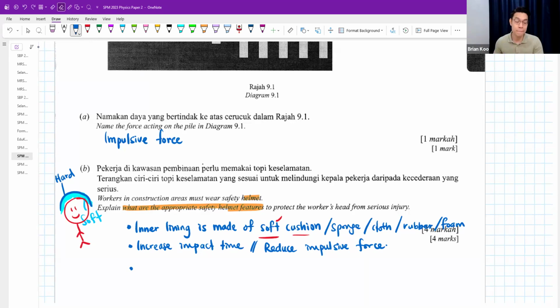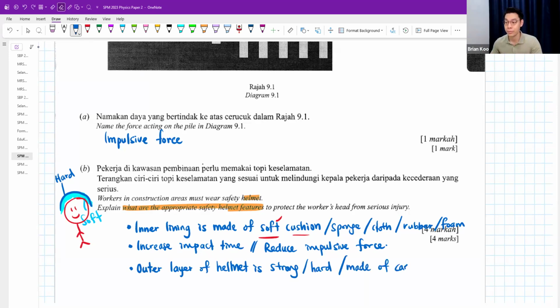Then the outer layer of the helmet is strong, hard, made of carbon fiber. Right?